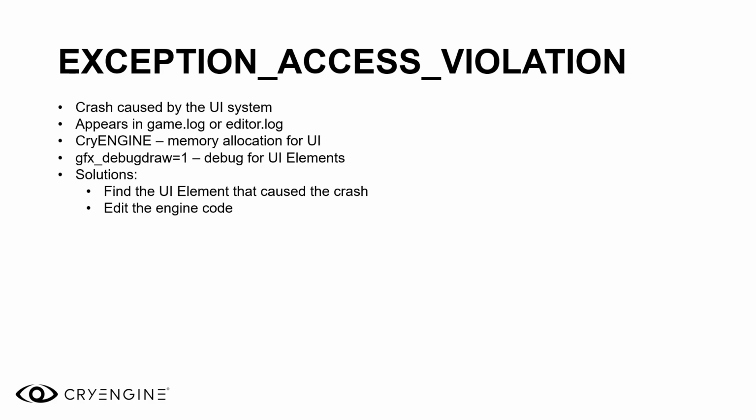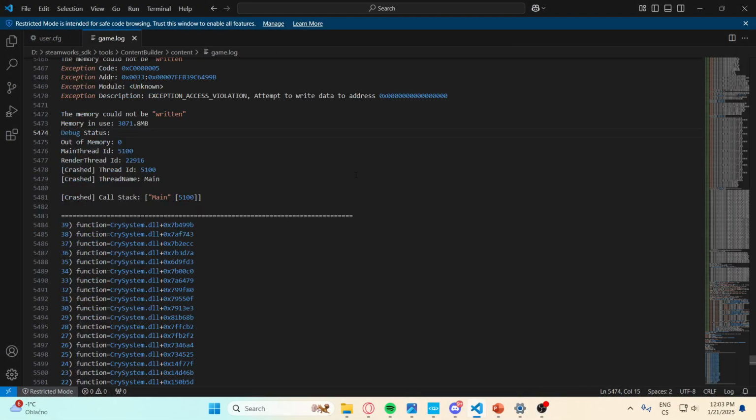Or you can edit the engine code and make the memory allocation bigger, but we won't be focusing on that. So as I said, we will use GFX debug draw to find out what's the issue.